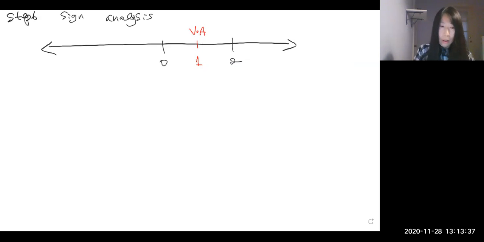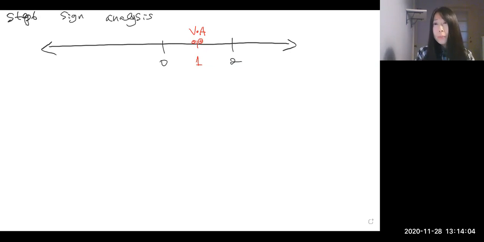On the left side, it is going to negative infinity, and from the right, going to positive infinity. Remember, we did that earlier.